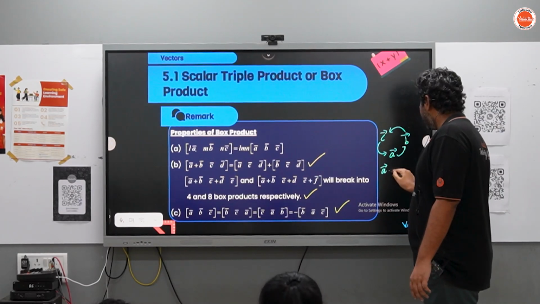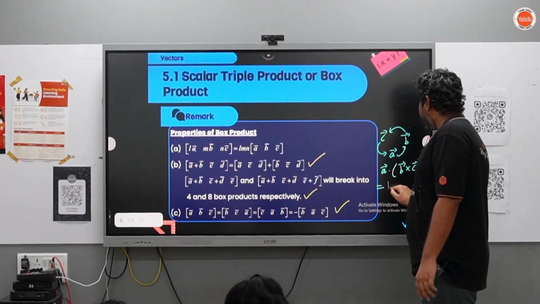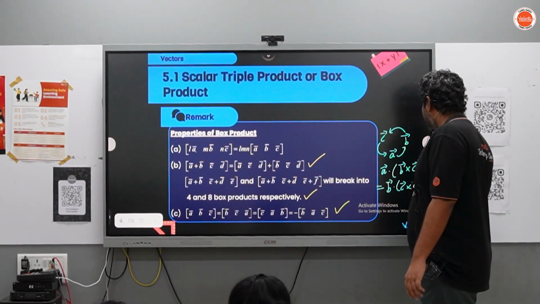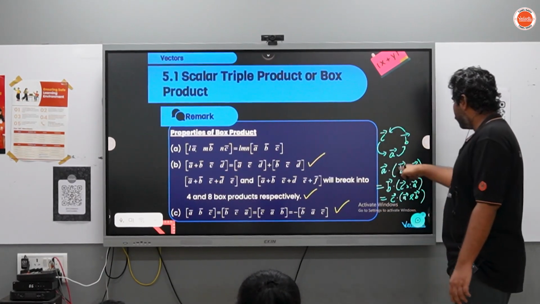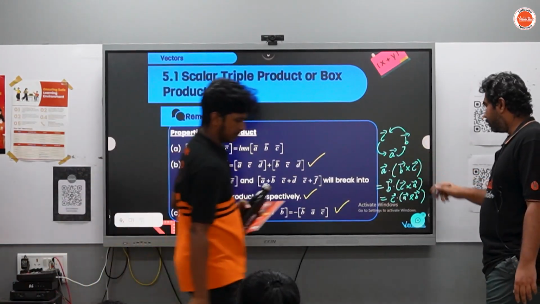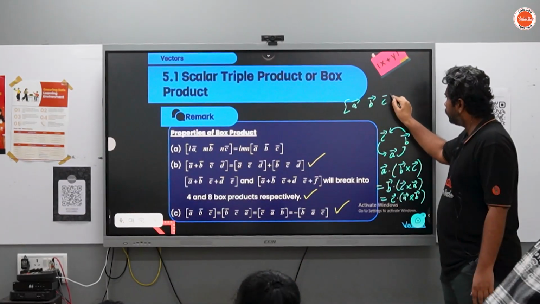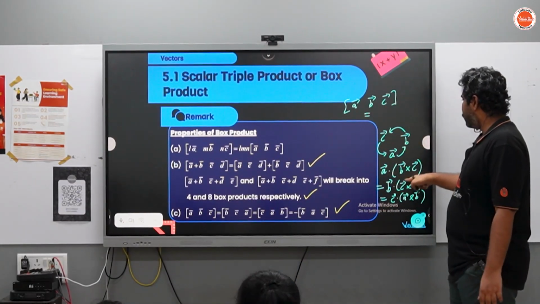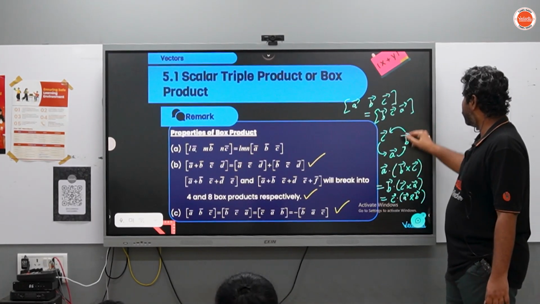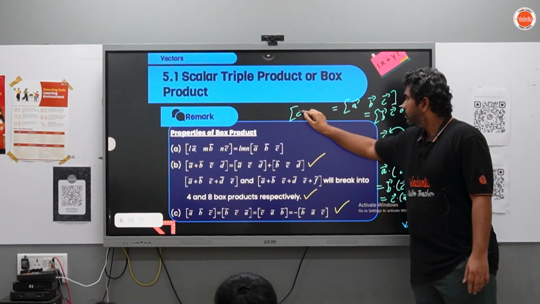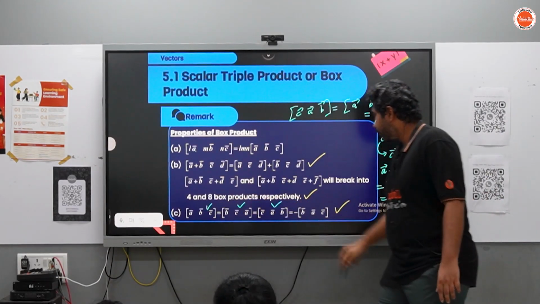So you can write A dot B cross C equal to B vector dot C cross A equal to C vector dot A cross B. If you want to write it as a box product, the first one will be A, B, C, the second one can be written as B, C, A, and the third one can be written as C, A, B. So we get all these things.